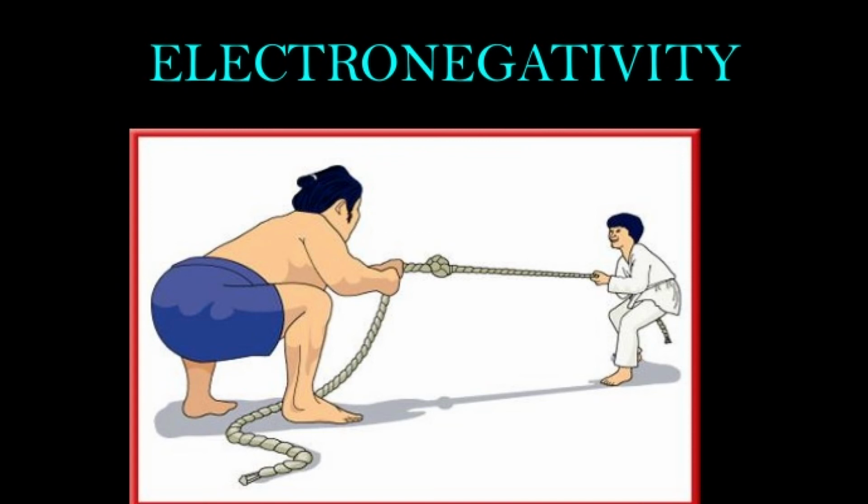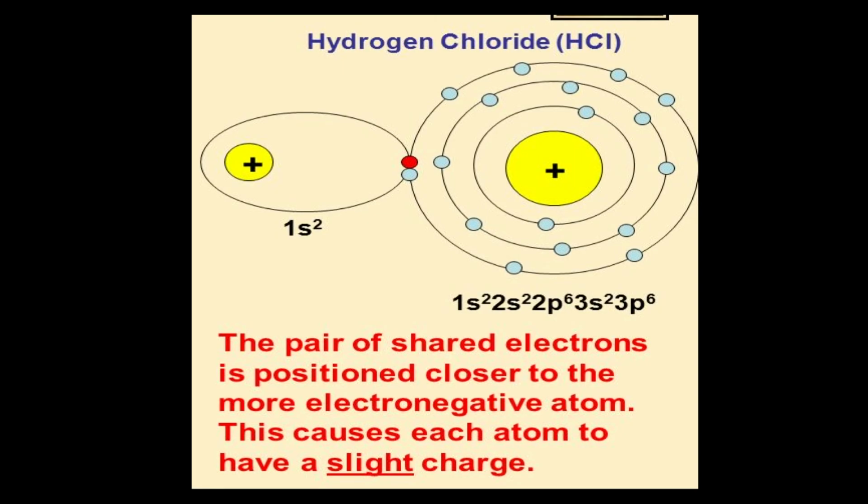For example, when hydrogen and chlorine atoms come together, they share one electron each to form the covalent bond between them. Here chlorine atom has a higher electronegativity. So, chlorine will pull the electrons from the hydrogen towards itself.